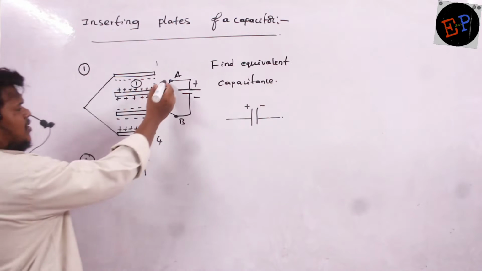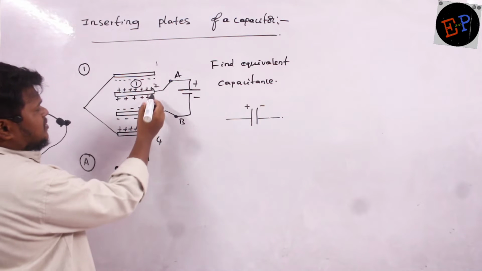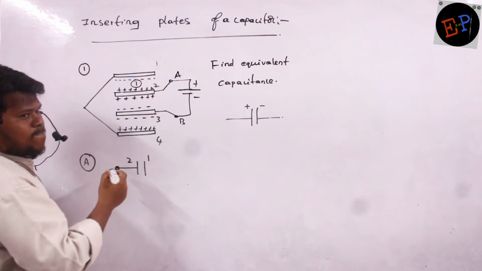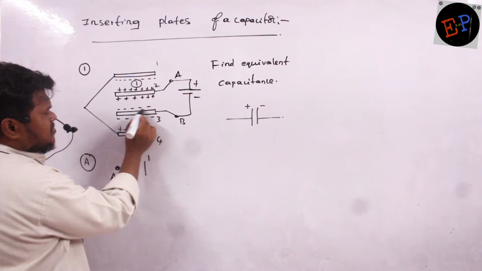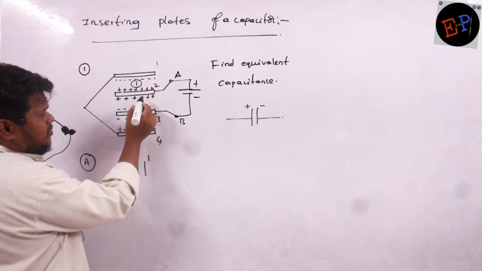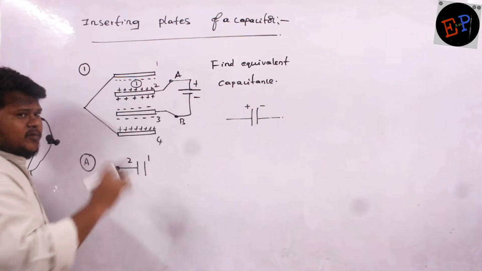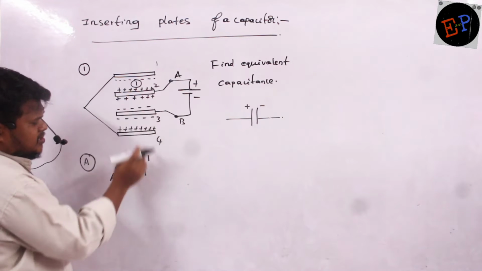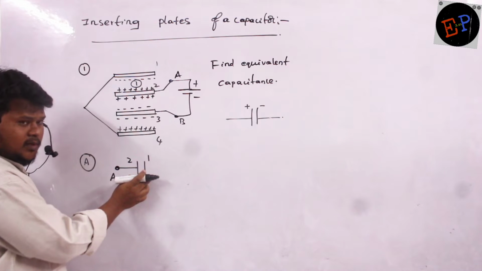Now see. From A itself, I can see that 2 and 3 are also forming one capacitor. This is the positive plate, this is the negative plate. So plate number 2 and plate number 3 are also forming one capacitor. Therefore, shall I connect 2, 3 in series to 2, 1 or in parallel to 2, 1?